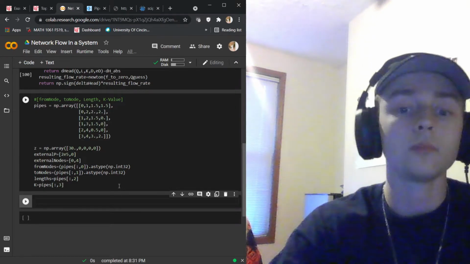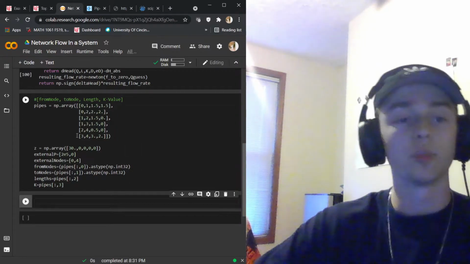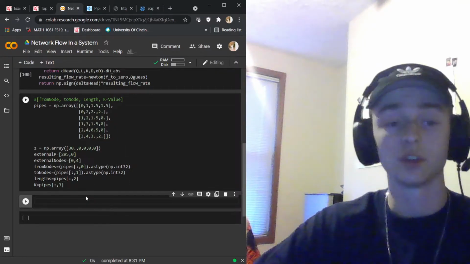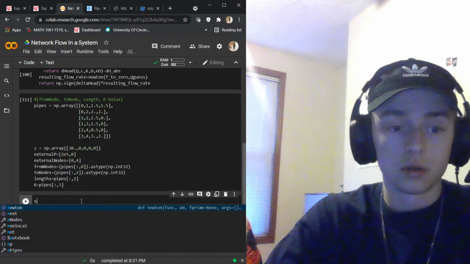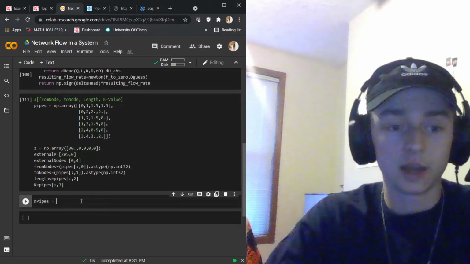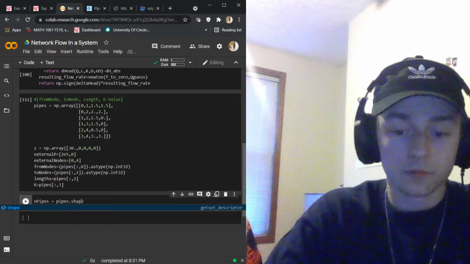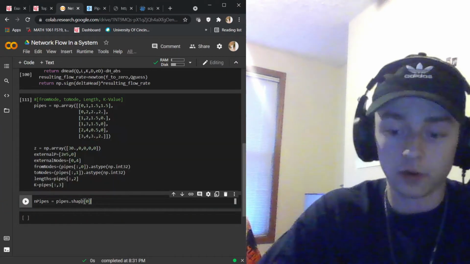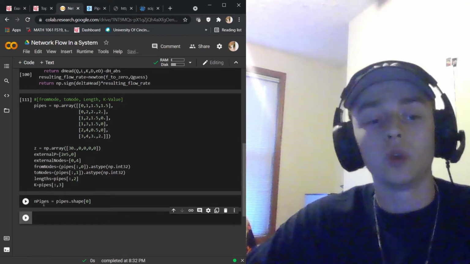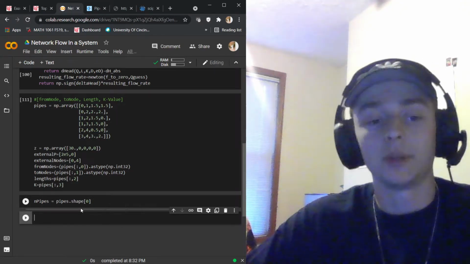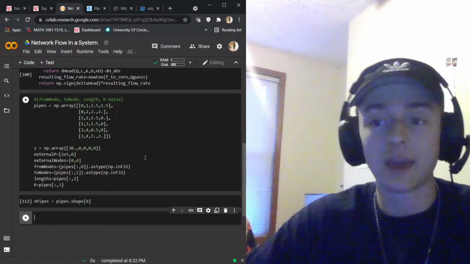Wonderful. So now, the next thing we want to do is explain the number of pipes in our array. To do that, n pipes, our number of pipes, is equal to... I'm telling the environment to give back to me the shape of how many pipes we have based on the number of connections.